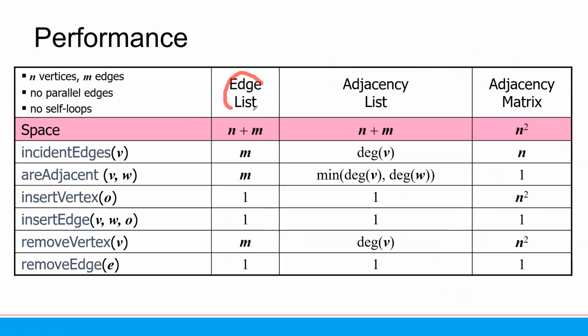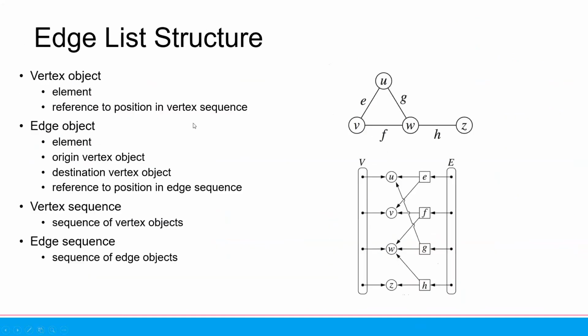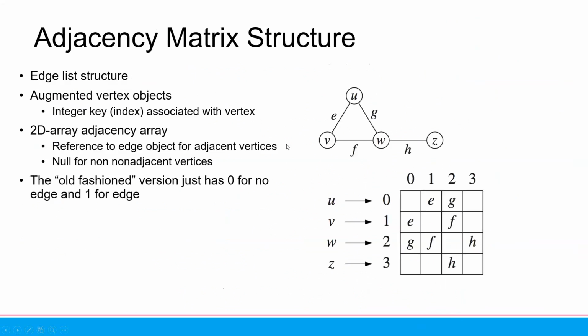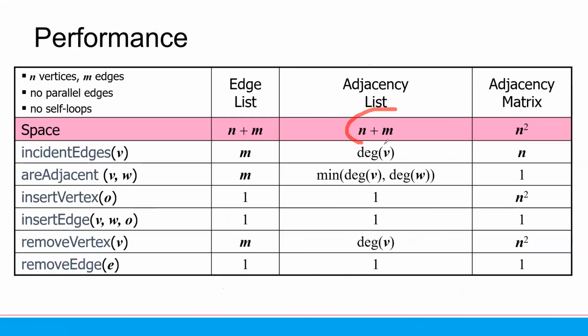If we use the edge list, the space that we need is n plus m. Why? Because this is n, the number of nodes, and this is m, the number of edges. The adjacency list is also the same, n plus m for the space. And for the adjacency matrix, we have n to the power of 2.